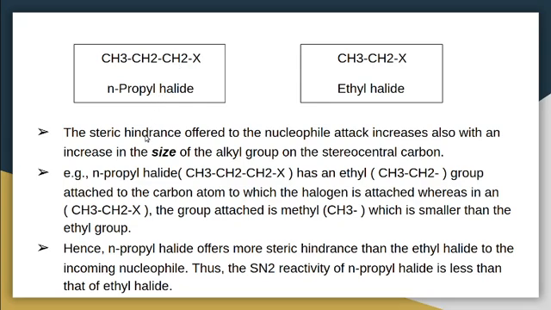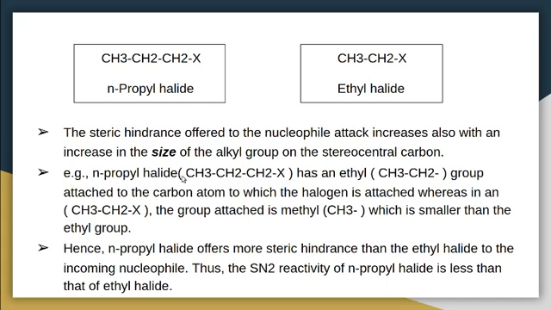That means the steric hindrance offered to the nucleophile attack also increases with an increase in the size of the alkyl group on the stereocentral carbon atom to which the halogen is attached, and the SN2 reactivity correspondingly decreases. Here you can see this is an N-propyl halide, this is ethyl halide.